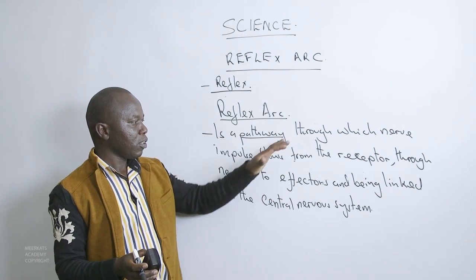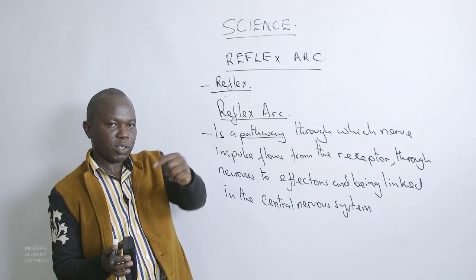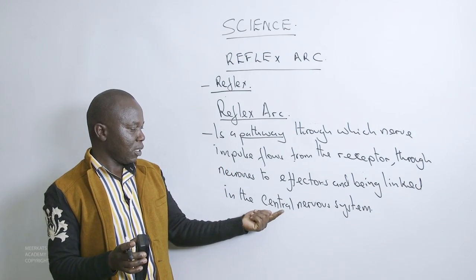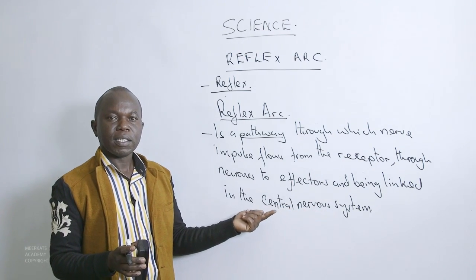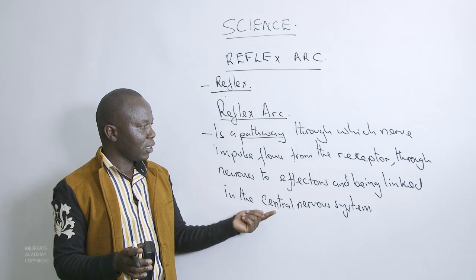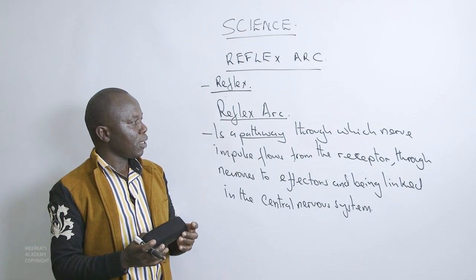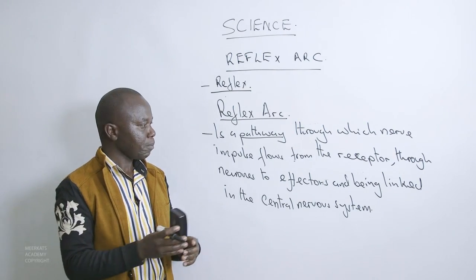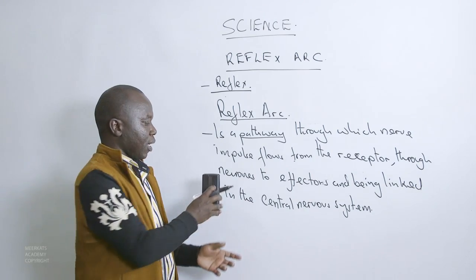But for the neurons to actually allow transmission of the nerve impulse, they will be linked, or it will be taking place in the central nervous system. We are going to illustrate how this happens. Illustration of a reflex arc.